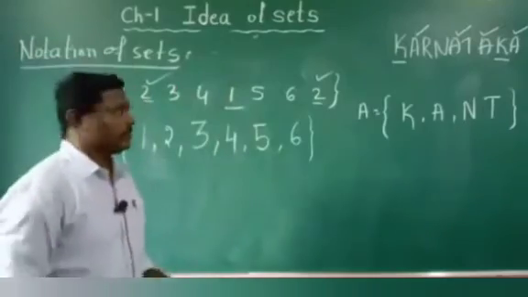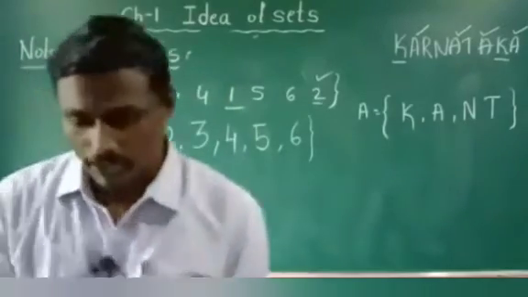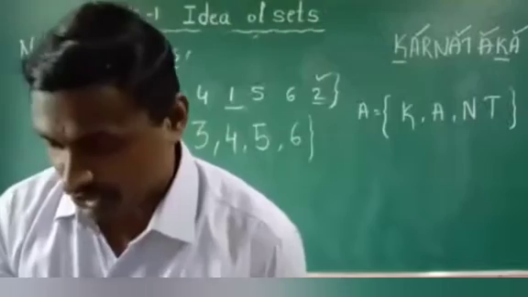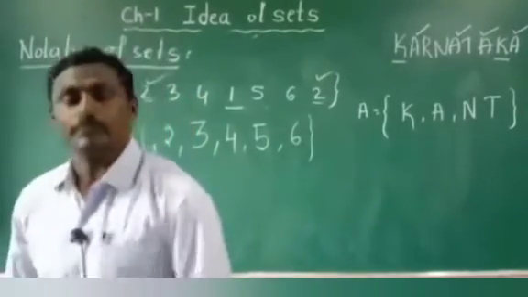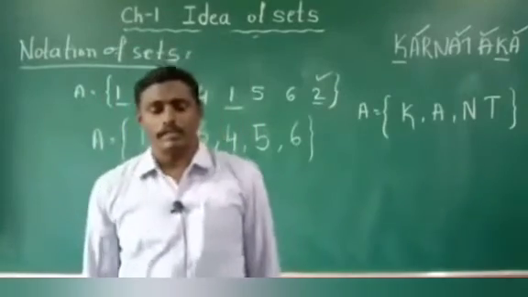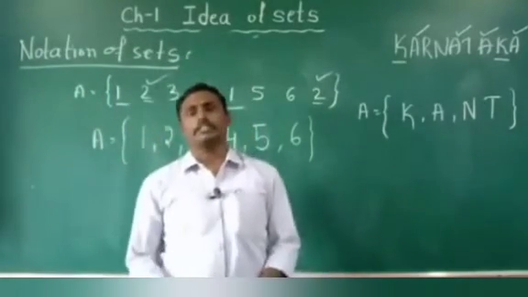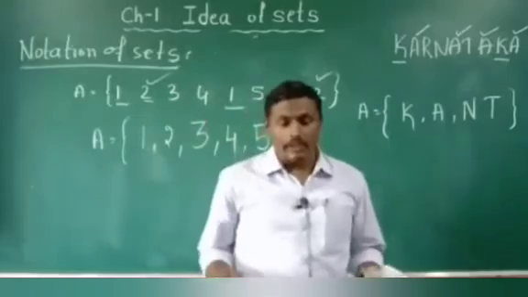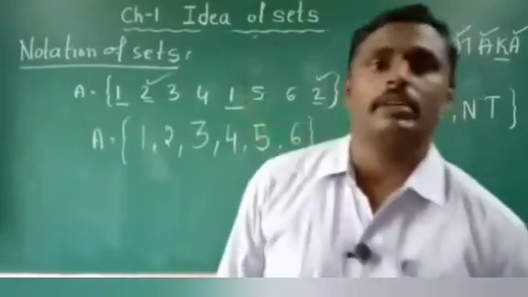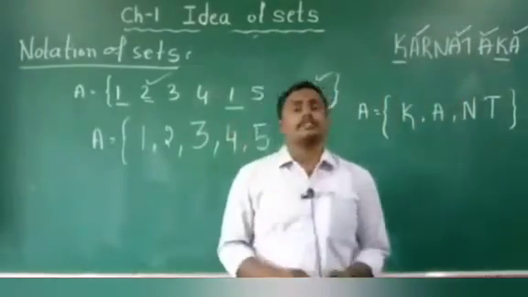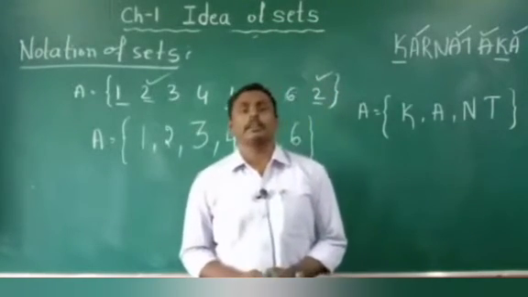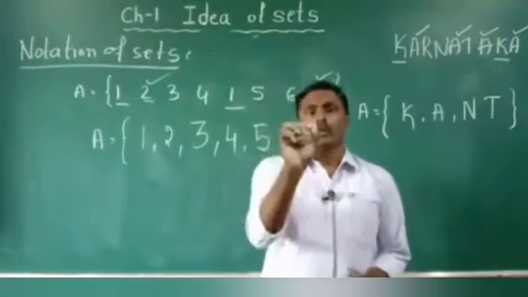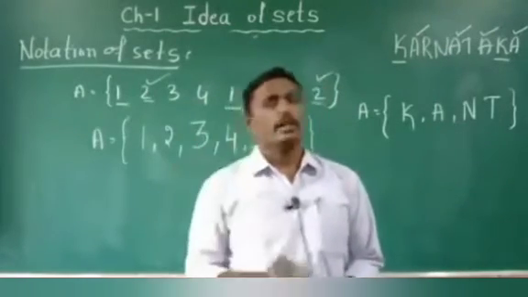Okay. So this is the basic introduction about sets, the definition of a set, and how we denote a set. In the next class we will discuss representation, how we represent a set. You already learned in previous classes there are two methods. The first is the roster method or tabular method, and the second is the rule method or set builder form.